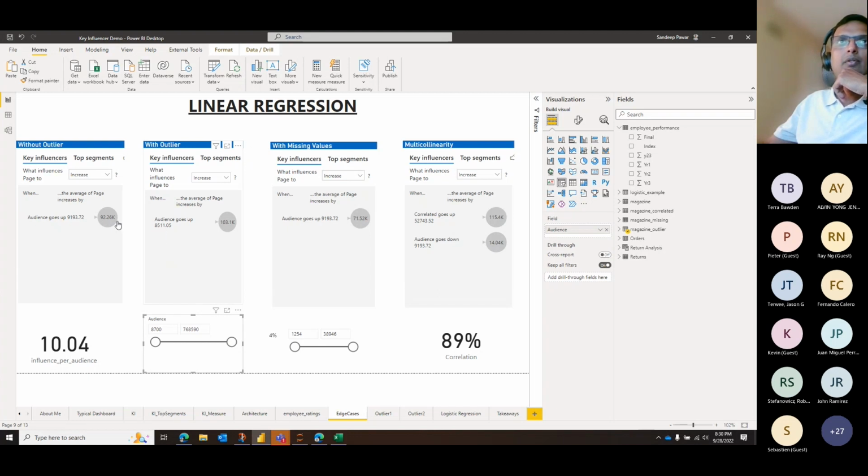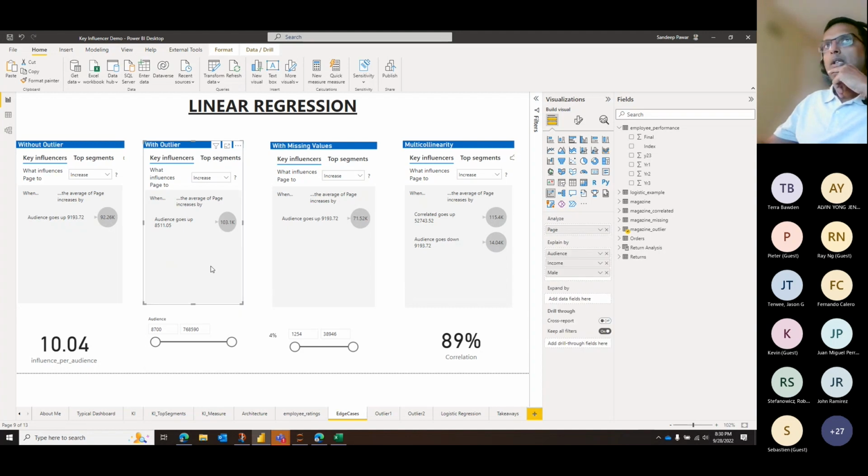So 8511, 9193, and then 92 and 103.1. So the purpose of showing you this is your data has to be clean for the key influencer visual to work, because of the linear assumption. If that falls apart, then the key influencer visual will give you wrong results.